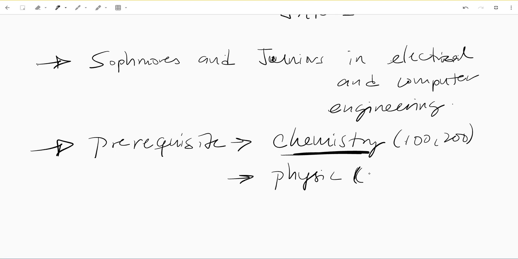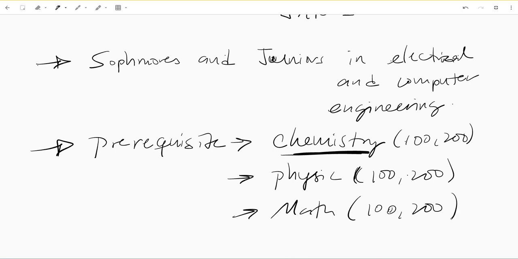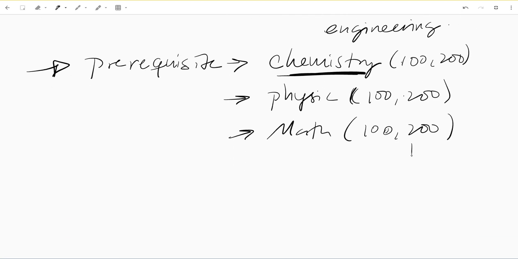Physics similarly 100 level or 200 level physics course, and math 100 level or 200 level course. Specifically, calculus is required, and this is calculus 1, 2, and 3.